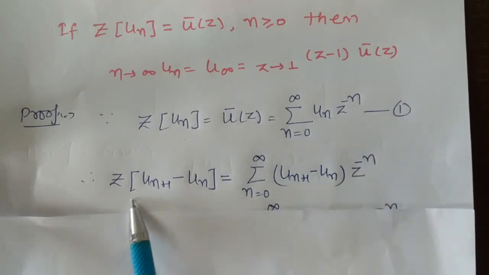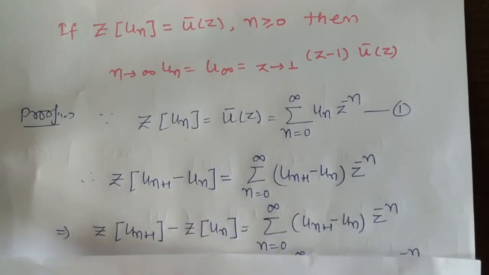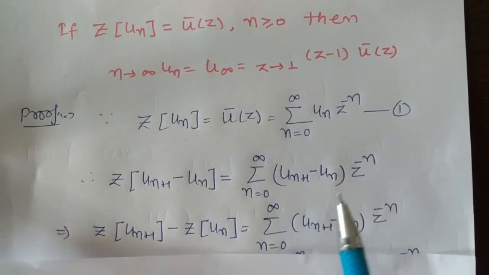Now on the left hand side we apply the linear property of z transform. Then we have the z transform of un plus 1 minus the z transform of un is equal to the summation n goes from 0 to infinity of un plus 1 minus un multiplied by z power minus n.